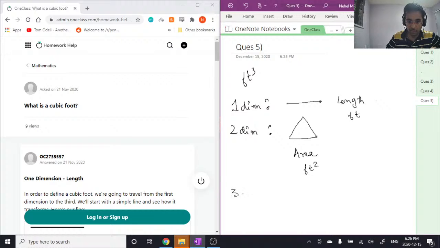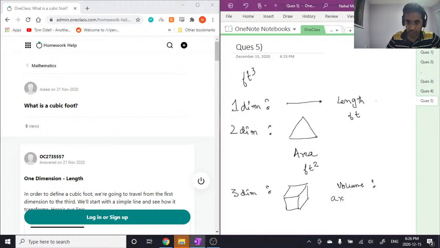And then similarly, the third dimension would be if we go and we find the volume of any figure. So if we had, let's say, a cuboid, the third dimension would be the volume of this, and the formula is essentially the sides multiplied by each other 3 times.